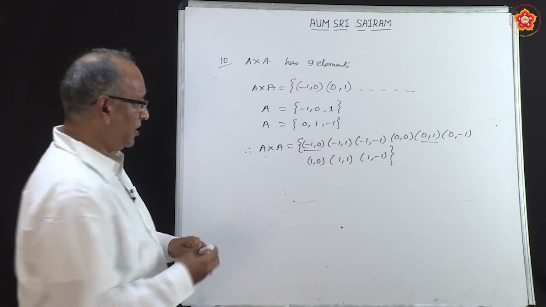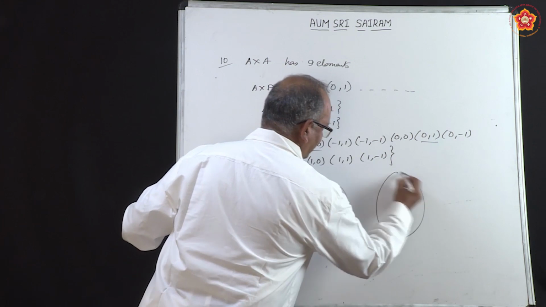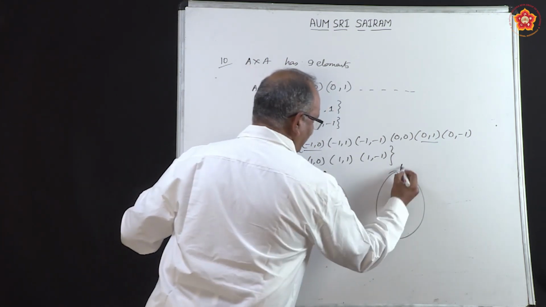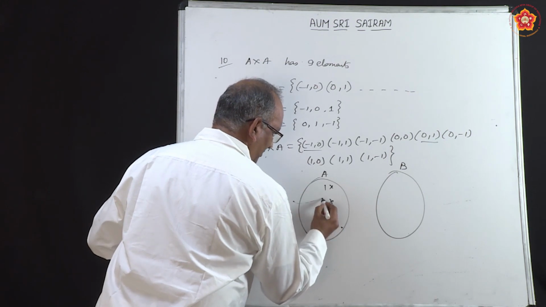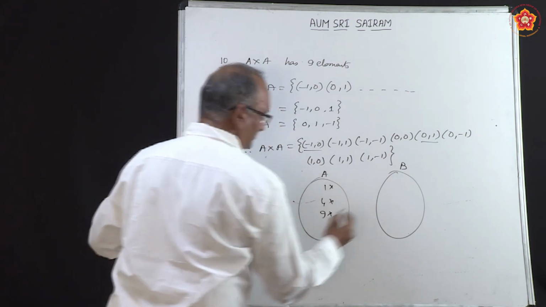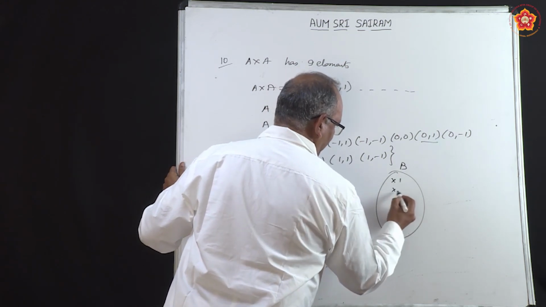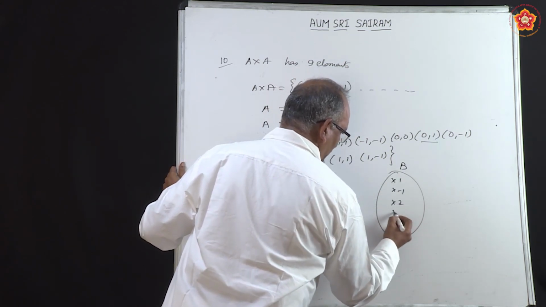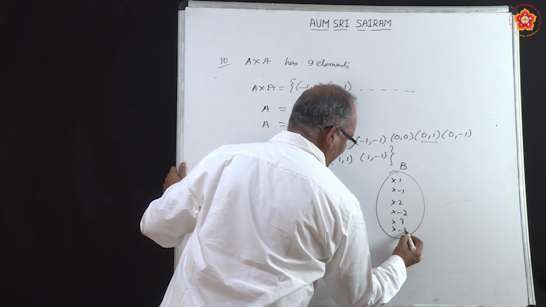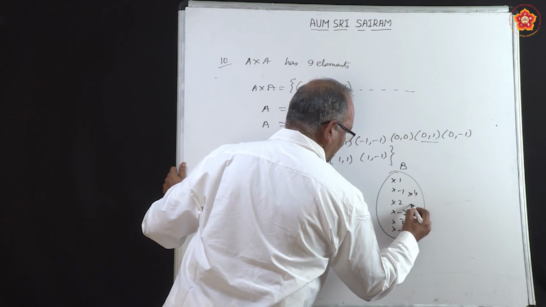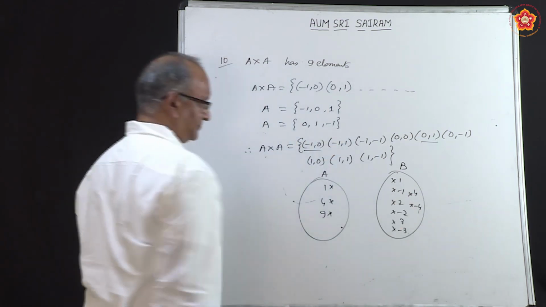Let us say we have one set here and another set here. Let this be A and this be B. Here we have the elements 1, 4, 9, and here we have the elements 1, minus 1, 2, minus 2, 3, minus 3, 4, minus 4, etc.